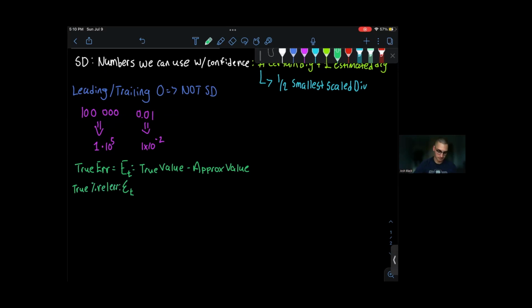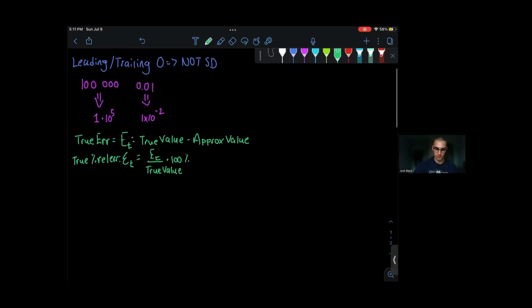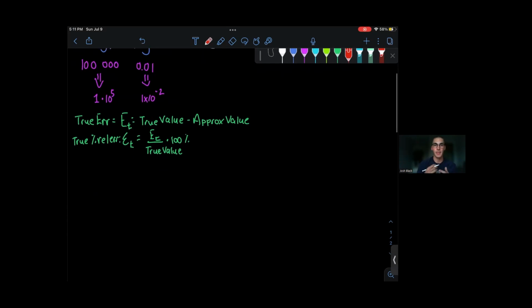And that's epsilon t, which is just our true error divided by our true value multiplied by 100%. Cool. We then looked at this thing called approximate error. And approximate error is what we use a lot in numerical solutions because it takes into account approximations, which is what we're doing a lot of.